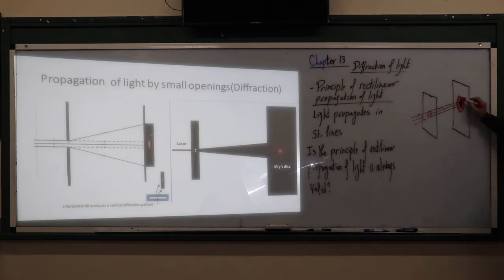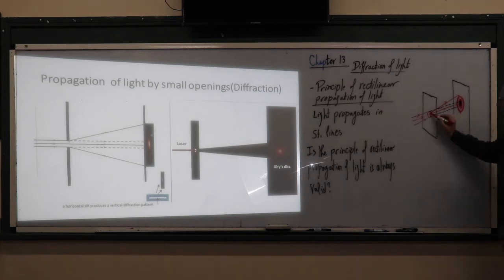This means that light has reached this point, which means that light comes from the small hole to this point. Also, if you look at this point, there is light.